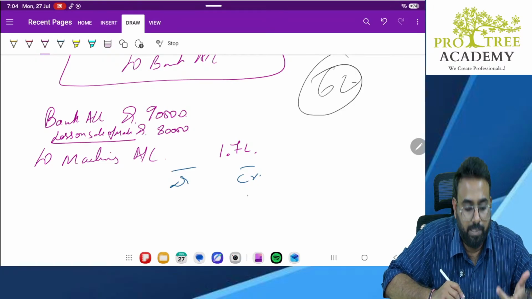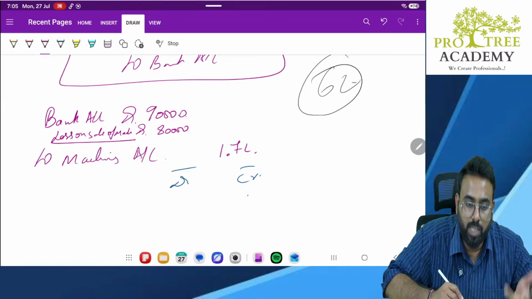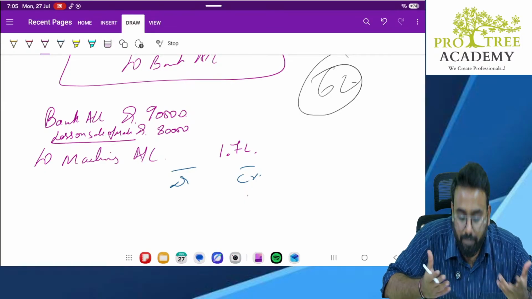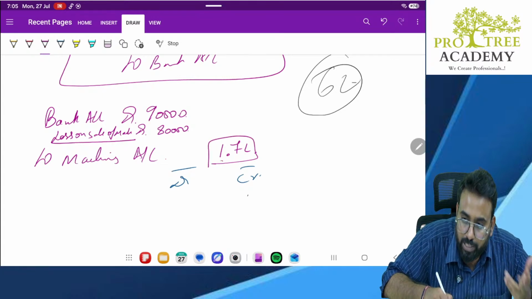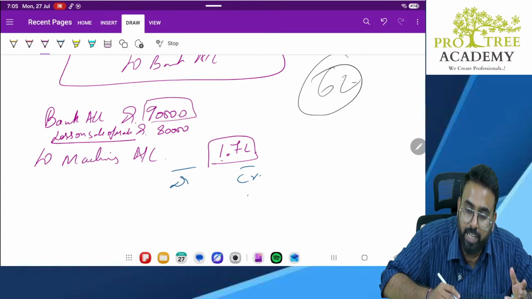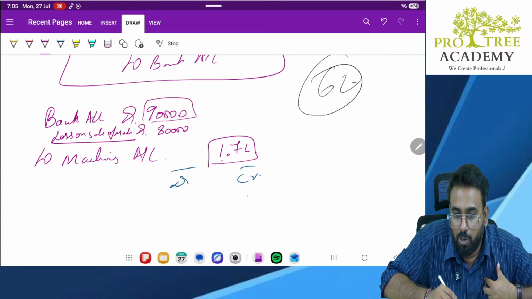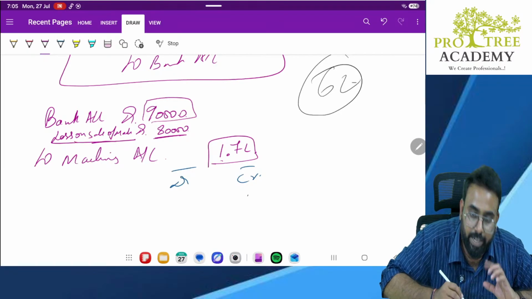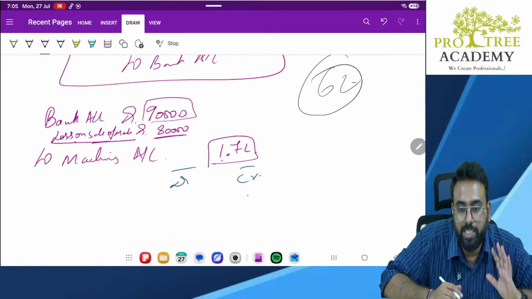Loss is an expense. When expense goes up, it will be debited. When our value of the asset is 1.7 lakh and we are only able to sell it at 90,000, are we not losing something? Is it not our expense? So 80,000 is the expense which will be debited. It is a loss basically.